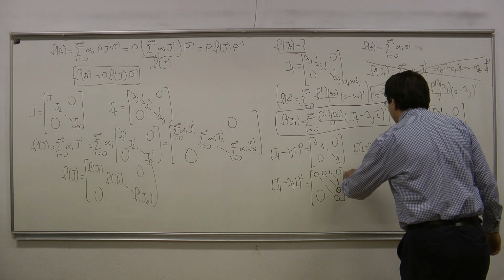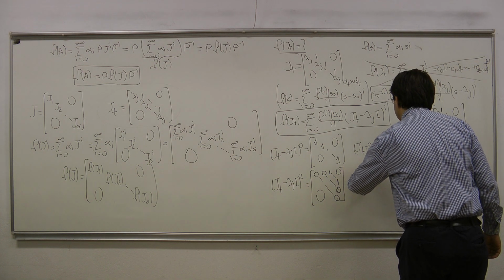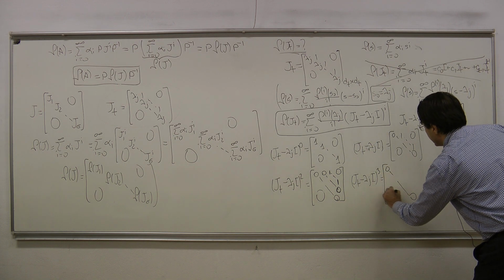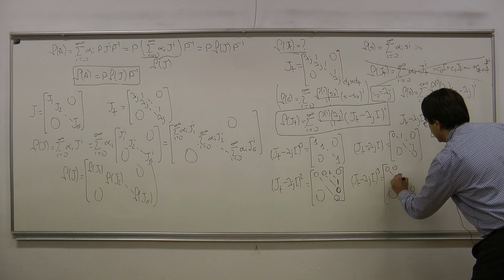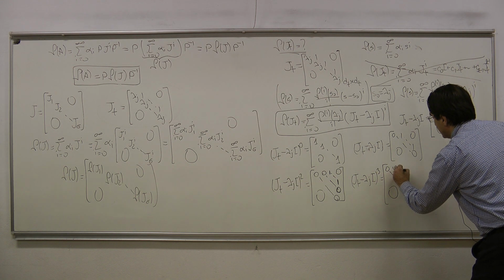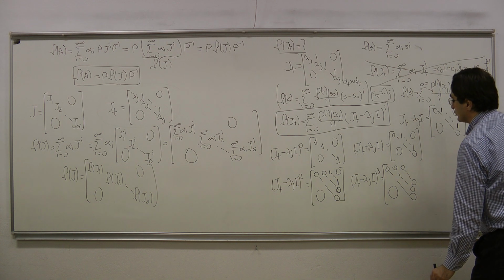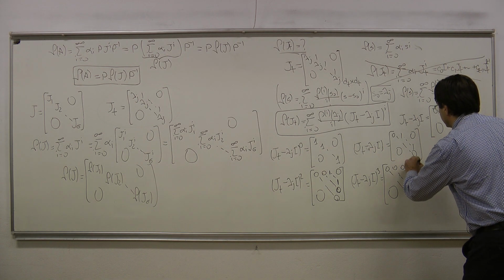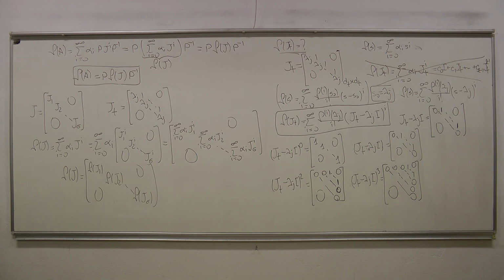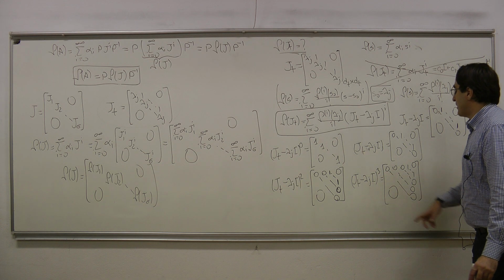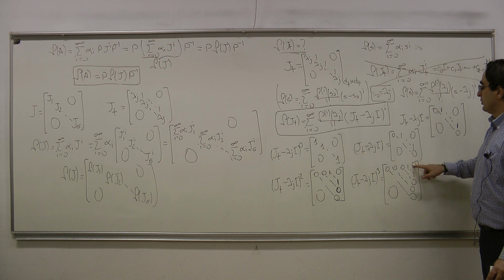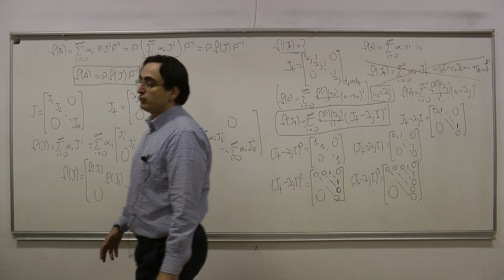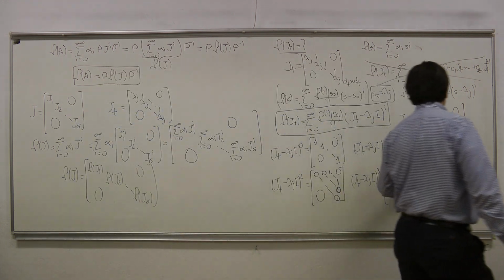So (J_t minus lambda J identity) cubed has the following structure: zeros on the main diagonal, zeros on the first super-diagonal, zeros in the second super-diagonal, ones in the third super-diagonal, and zeros everywhere else. I know that at some power, these ones are going to reach this corner.